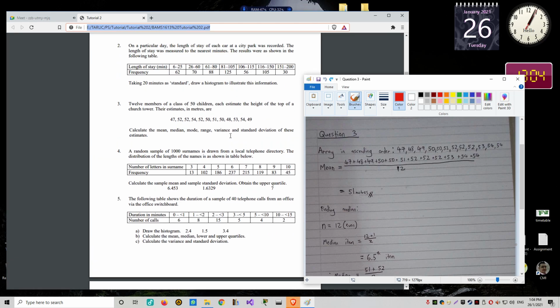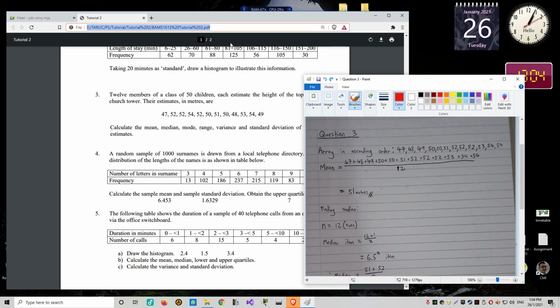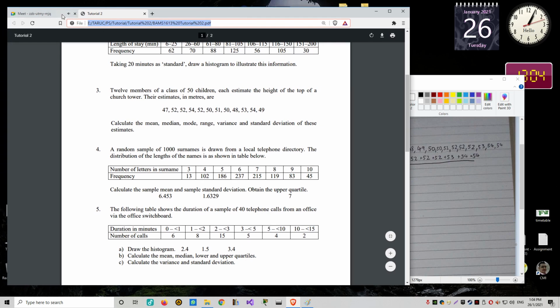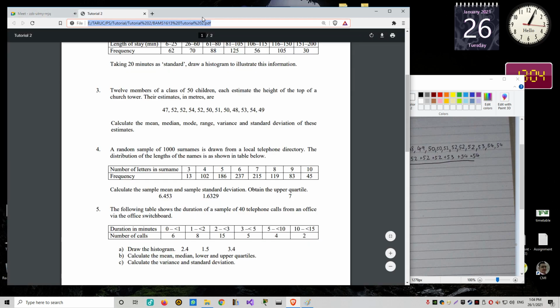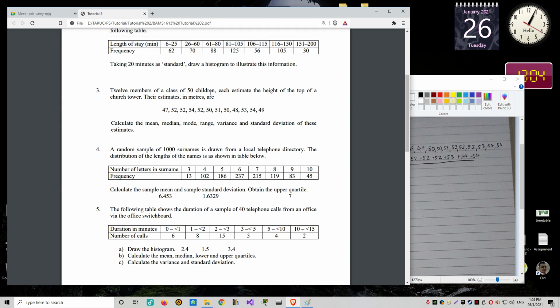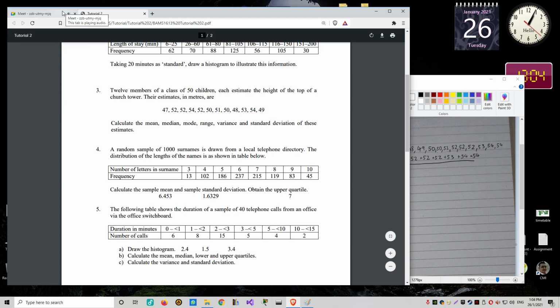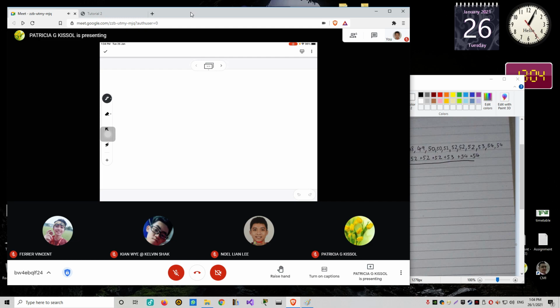Another thing you should see now is that the data has not been arranged in any way. We want to calculate the mean, median, and mode. I want to point out that marks are allocated for each step, especially in degree. Your working is required to show all the steps so that you can get full marks.